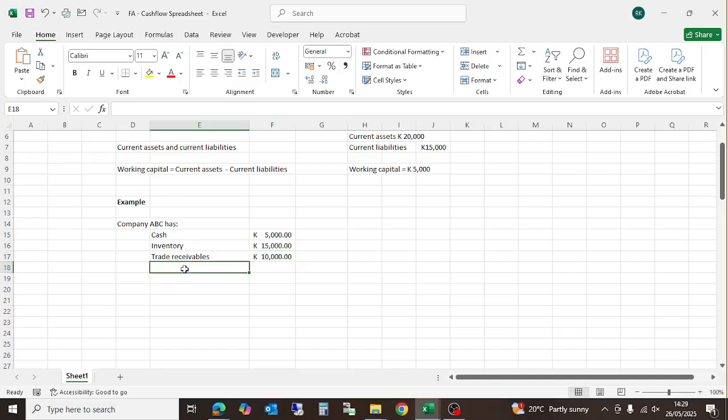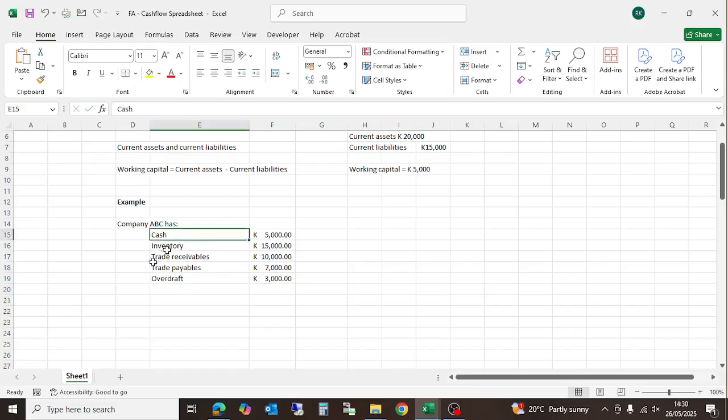Then let's say we bring in the trade payables as well. It has got trade payables of 7,000. And then we bring in an overdraft. It has got an overdraft facility that it utilized, and the overdraft is 3,000 kwacha.